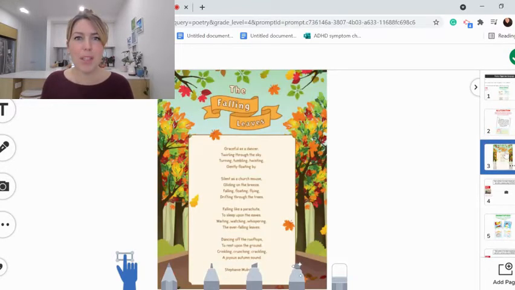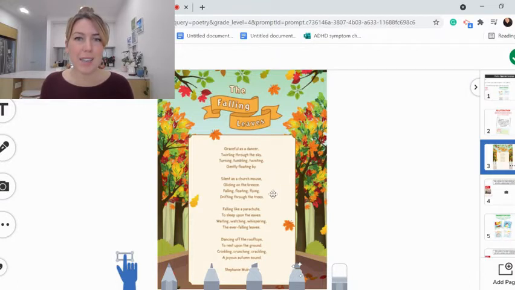Now here's an example of alliteration in a poem. Graceful as a dancer twirling through the sky. Now tune in, here it is. Turning, tumbling, twisting, gently floating by. See how in that third line, each of those words started with the T sound. Turning, tumbling, twisting. That's an example of alliteration in a poem.